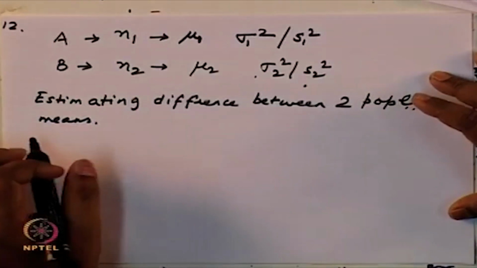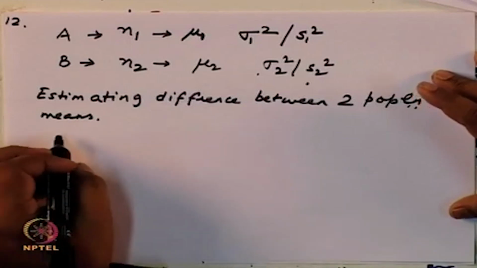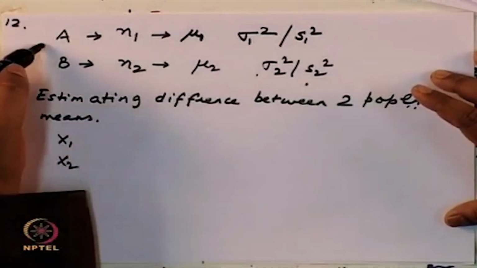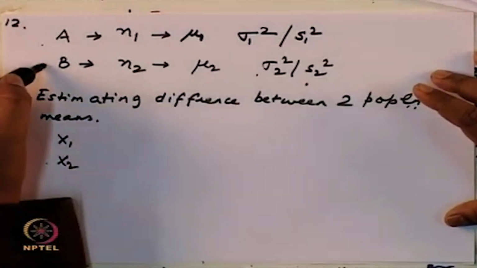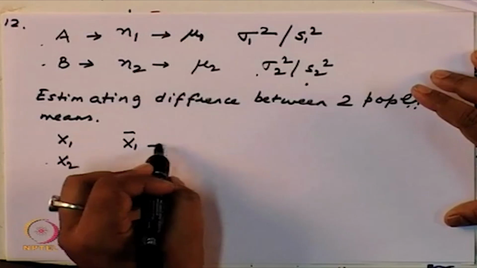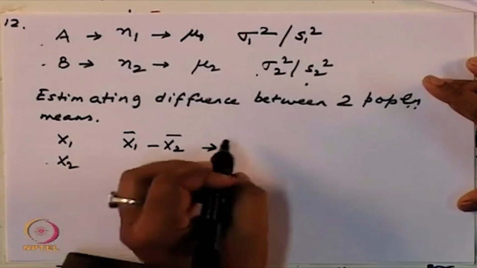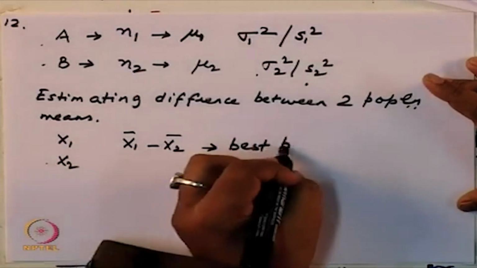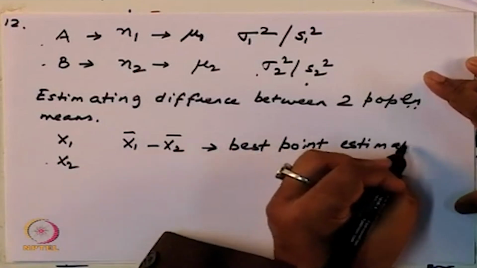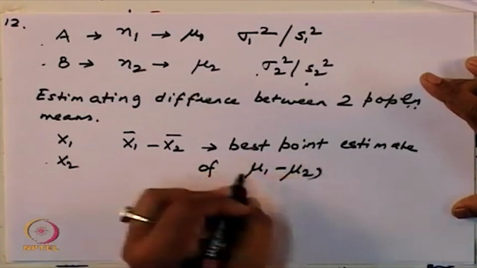What we want to know is, if you have two random variables x1 and x2, corresponding to the drug response of A and the drug response of B, we want to calculate x1 bar minus x2 bar, and you would intuitively think that this is the best point estimate of mu 1 minus mu 2.